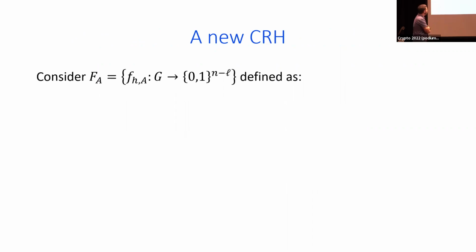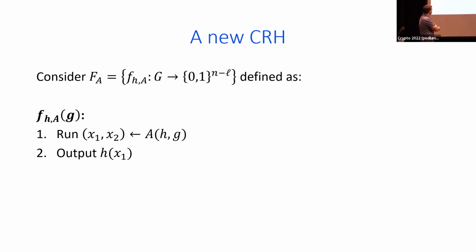Okay, so going into a little bit more detail, using the insecurity of the candidate CRH, we're going to build a CRH, which works as follows. Its domain is the hash function family G, and its output is again n minus L bits. What we do is, on input little g, a description of a hash function, we run our adversary, get a collision under H, and output the value of this collision.